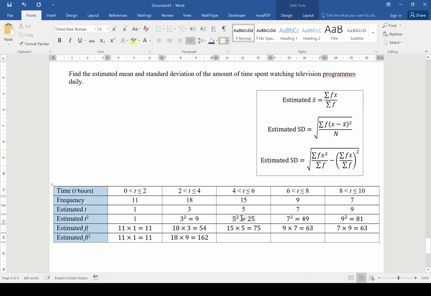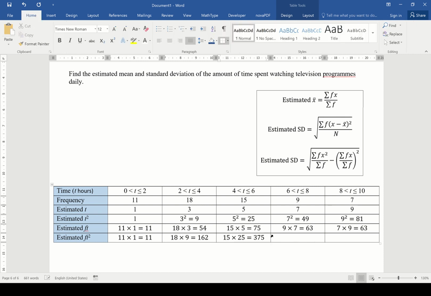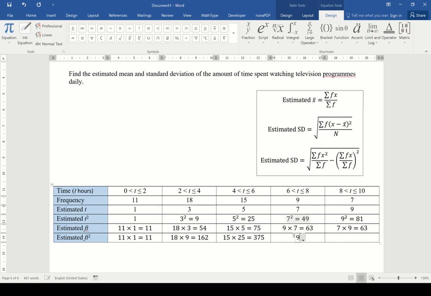Here we will have t square is 25, frequency is 15, so 15 times 25 equals 375. Here same thing, frequency is 9, t square is 49, so 9 times 49 equals 441.